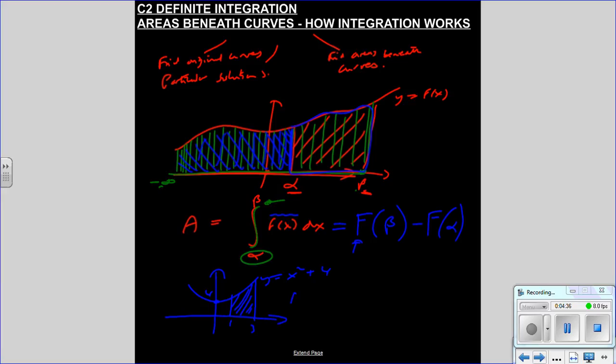So my area is the integral of x squared plus 4 dx. And remember, dx means moving along the x-axis from left to right between 3, my top limit, and 1, my bottom limit. So what I'm going to do is I'm going to go to square brackets, okay?